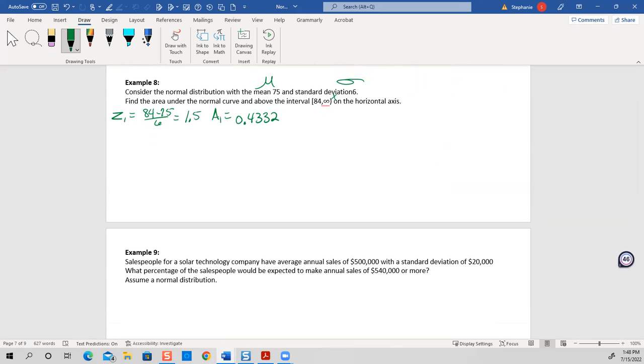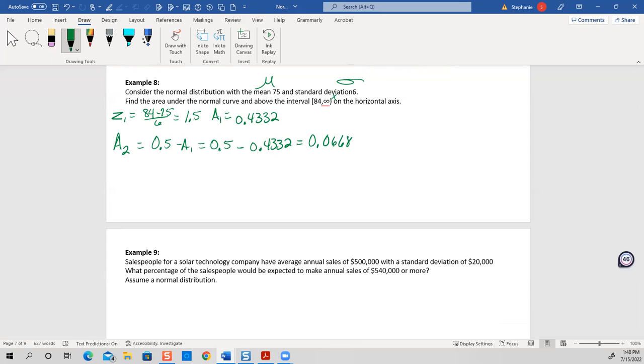Now that I've found that, I'm going to use this information to find the area 2. To find the area 2, we're going to take half minus the area 1. So now we get 0.0668.